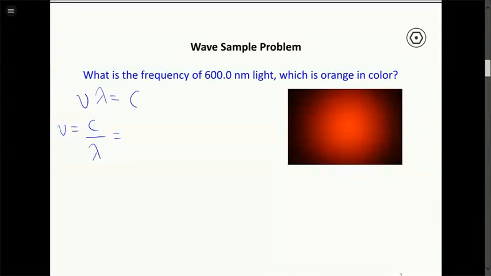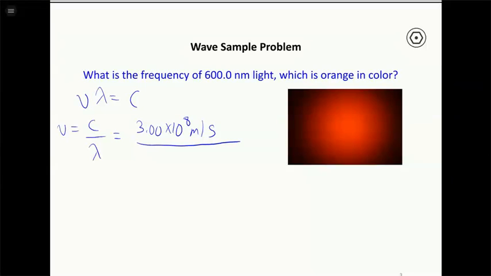All right, so c is a constant. It's always going to be given to you, 3.00 times 10 to the 8th meters per second, and then we're going to divide that by the wavelength. Now, the part where very many people mess up when doing these problems, the math is not difficult, the equations are not difficult, but we have to always be mindful of units.